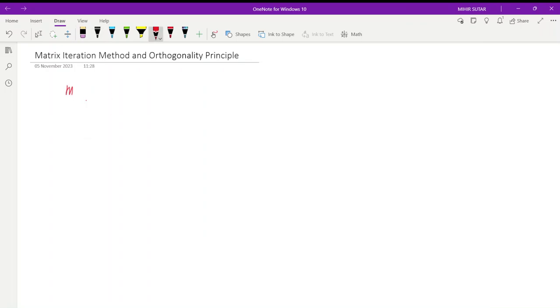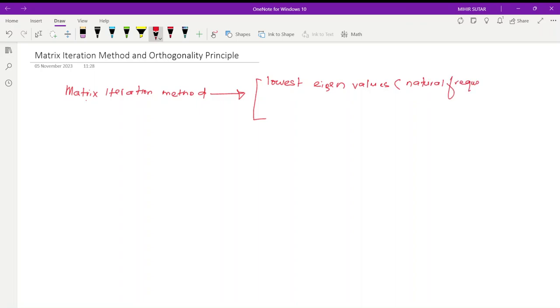This matrix iteration method is suitable to find basically the lowest eigenvalues, or you can say the natural frequencies, and eigenvectors.